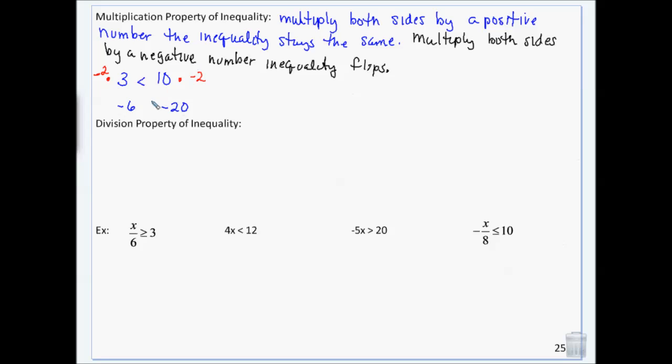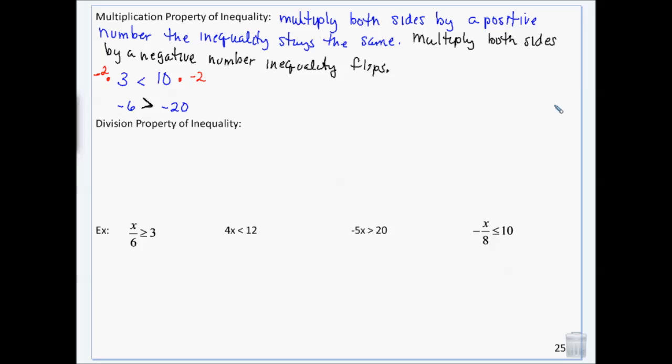What happens there, I then have to flip my inequality. Because when you multiply by negative, you're actually moving to the other side of the number line. So if you were on the positive side of the number line, you're now on the negative side. It's flipping things around.